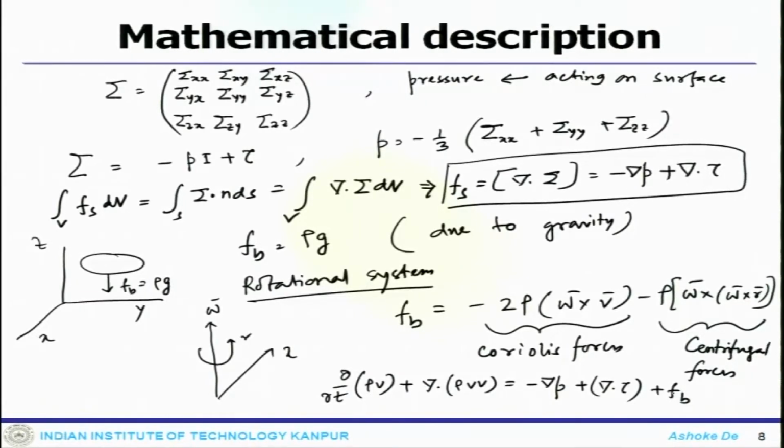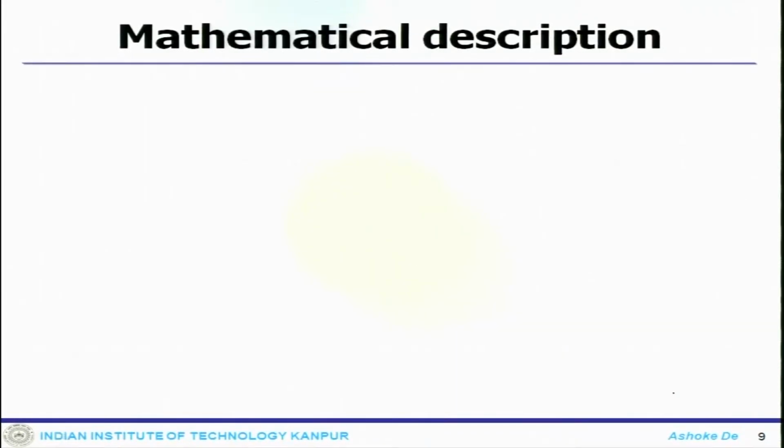Now, you have a relationship for τ, which is the shear stress. We are talking about a Newtonian fluid.